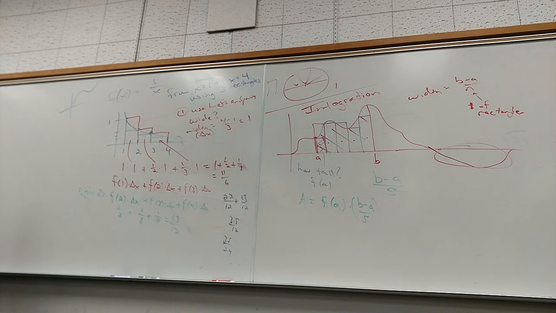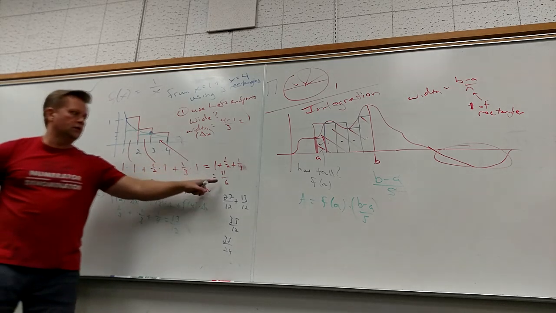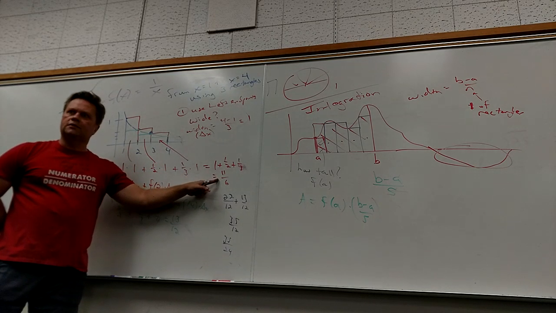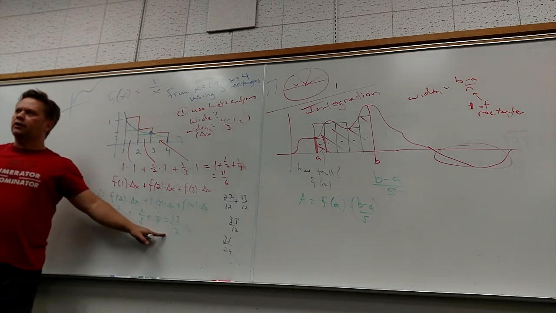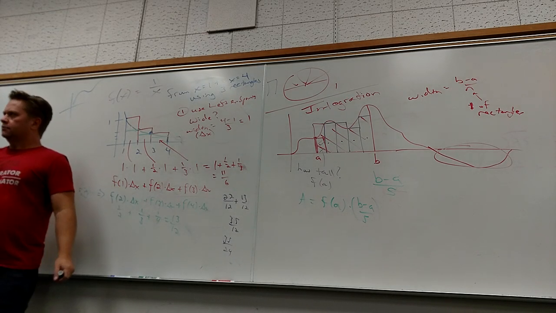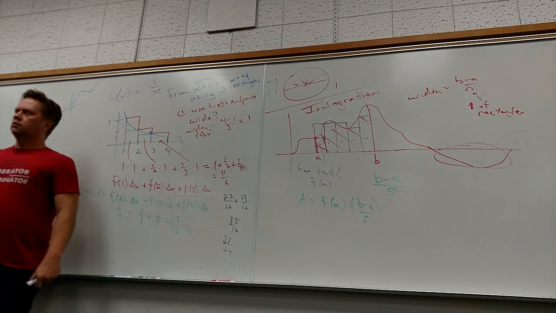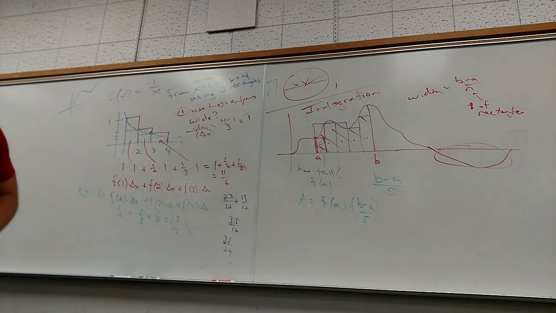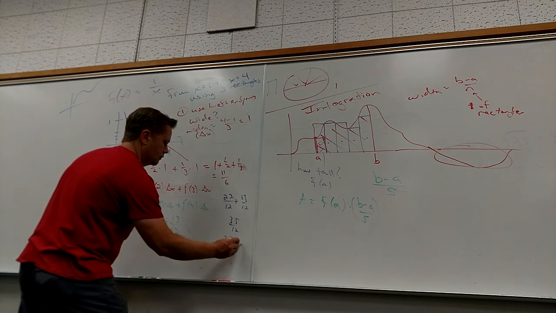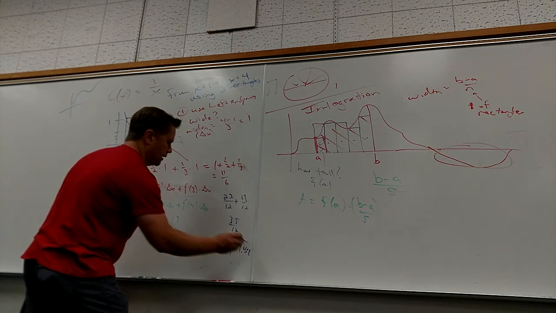This is an overestimate. If I average it with this underestimate, I should get a decent thing close to the actual. Right? 1.458, blah, blah, blah.